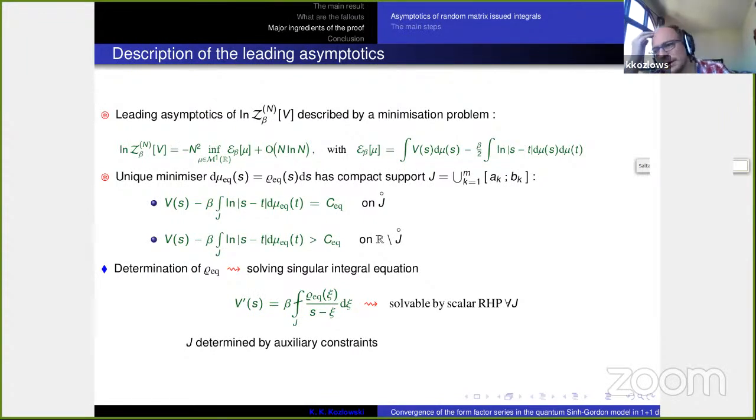I think now for the XXZ case I fully understand all the regimes, but somehow the structure of the series for Sinh-Gordon is a bit different. The sort of contributions and type of saddle points which contribute to the short distance asymptotics is quite different. So for the moment I have no clue. But it's definitely a very interesting question to me.